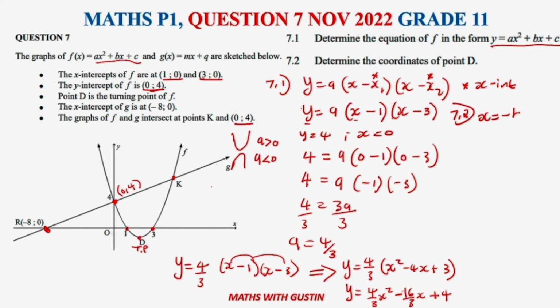This one is on the formula sheet. It is going to be x equals minus b over 2a. So what is b in this case? b is negative 16 over 3. So we say negative into negative 16, there's a negative here, negative into negative 16 all over 3, all over 2a, which is 4 over 3.